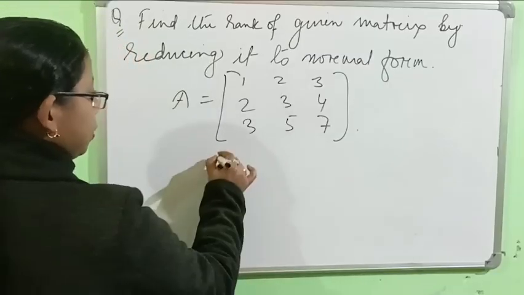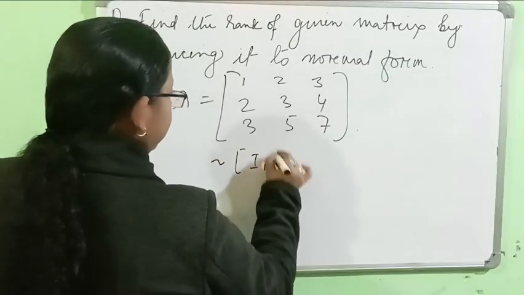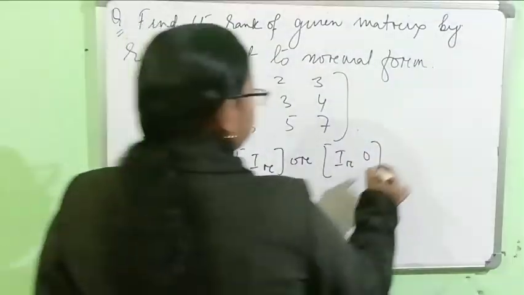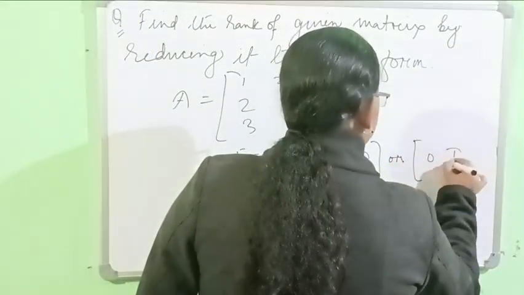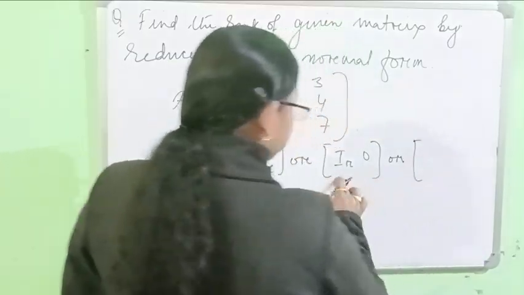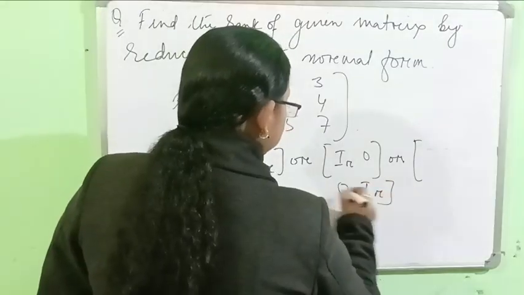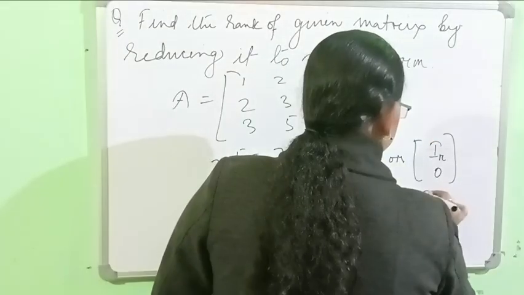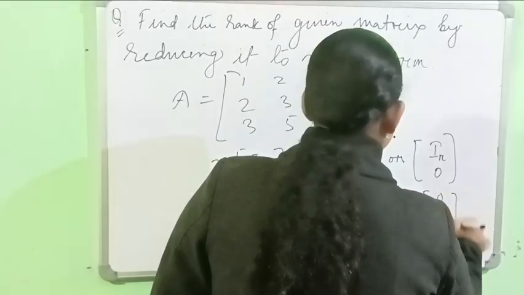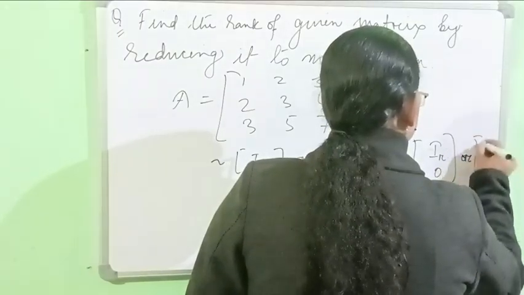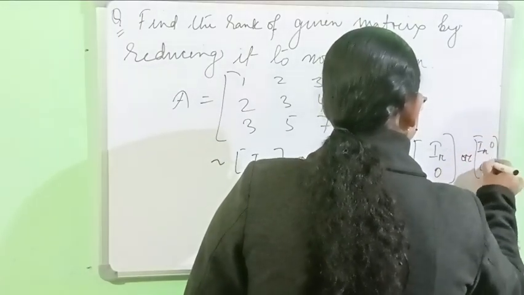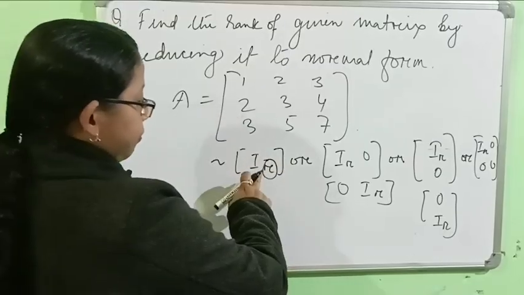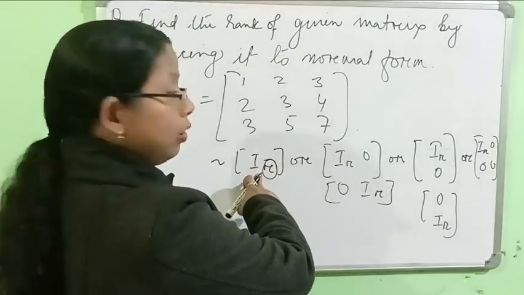That is, if I reduce it to any one of the equivalent forms, I_R, or I_R 0, or 0 I_R, or I_R 0, 0 0, then R, the order of the identity matrix, is called the rank of the matrix.